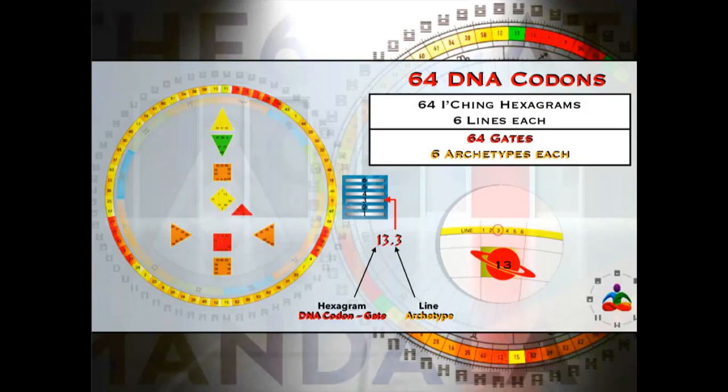Okay, so those 6 lines are symbolically the amino acids, and the 64 hexagrams are symbolically the 64 codons. Interestingly enough, when Watson and Crick cracked the genetic code back in the 40s, they did the human genome sequence. They discovered that verbatim, the I Ching is the human genome sequence in order from start to finish.